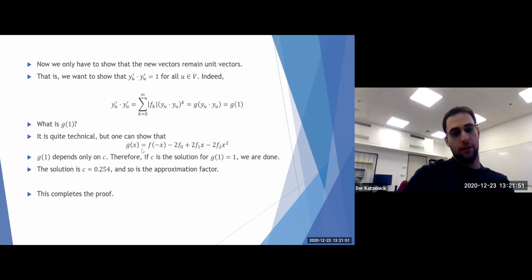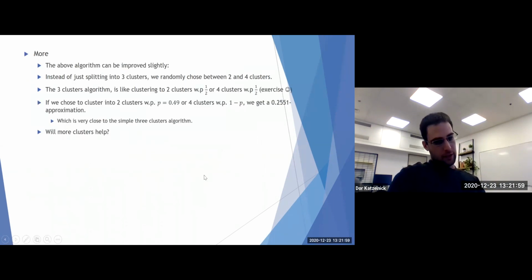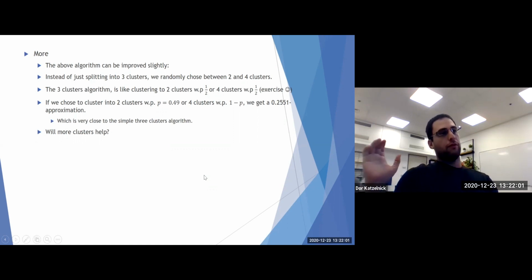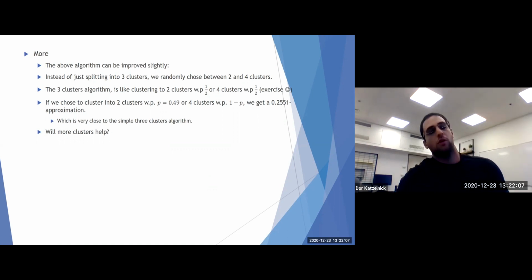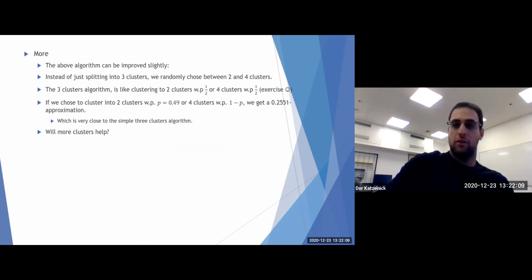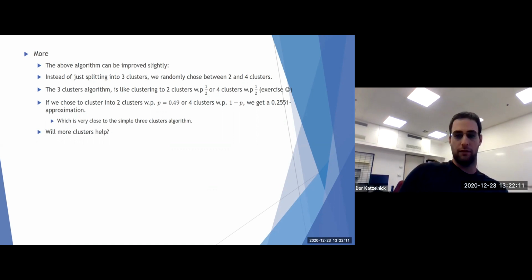Okay, so if you don't have any question, I will just talk a little bit on a way to improve this algorithm. If you think of what we did with the 3 cluster algorithm, it's just like choosing 2 clusters with probability half or 4 clusters with probability half. So you have to prove that this will be the same.